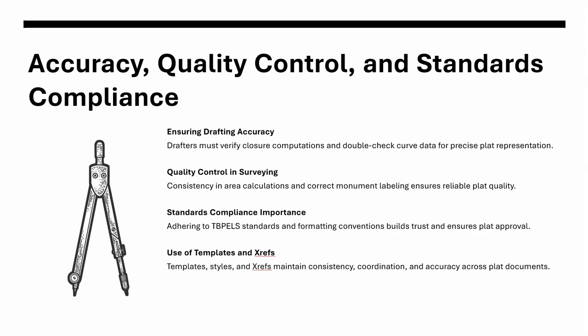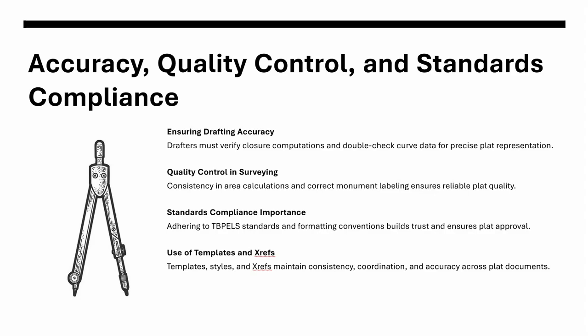Texas counties are rigorous in review of plats, and one of the first things they look for is mathematical integrity. A plat that fails to close, or that misreports curve data, will not pass. The responsibility for getting these details correct lies with the drafter as much as it does with the surveyor.